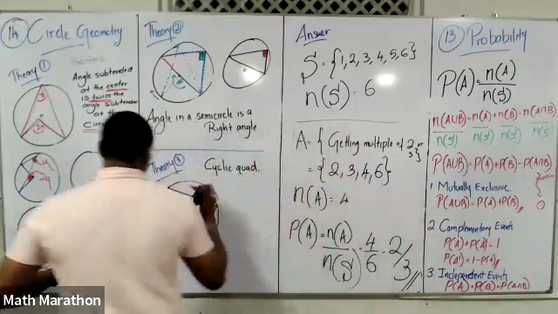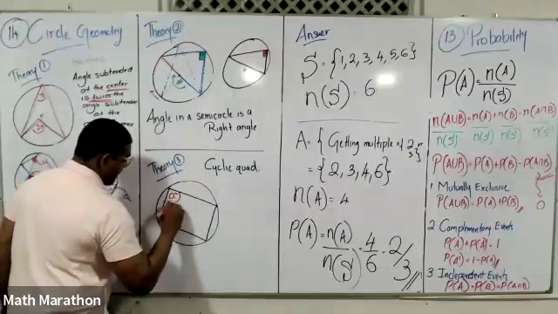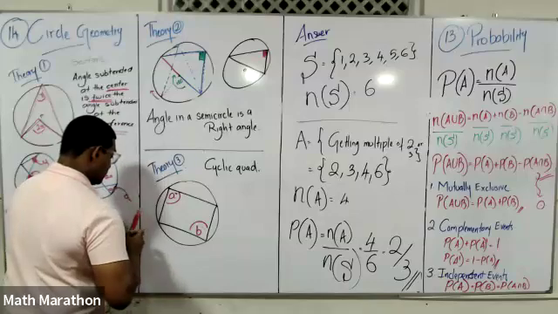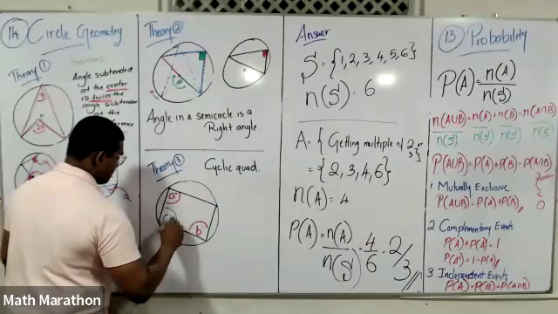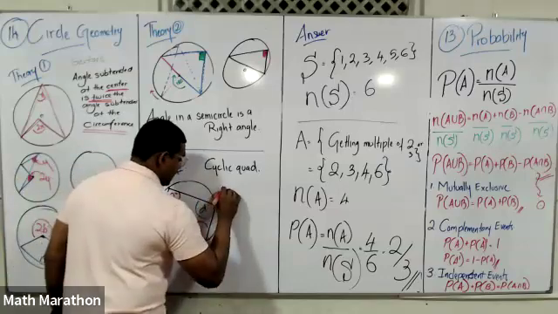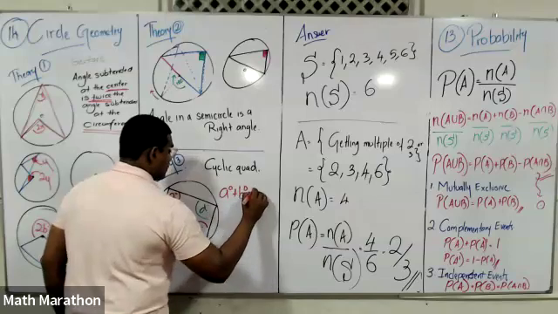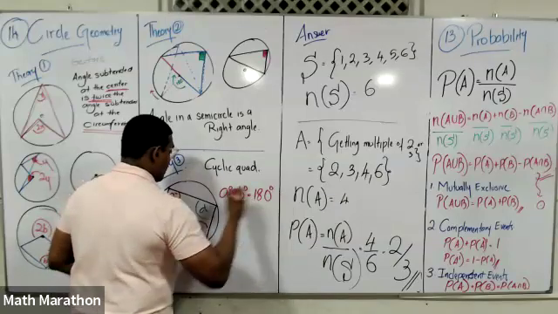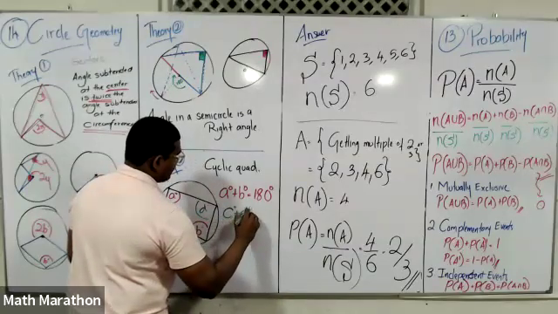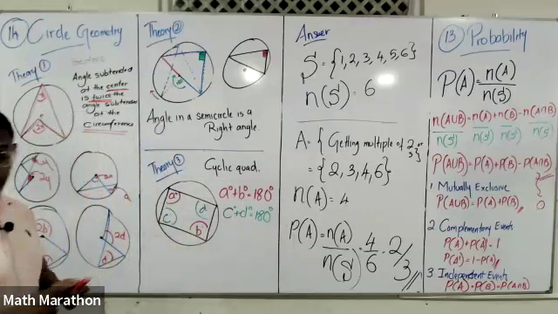Okay. So here, if this is A and this is B, if this is C and this is D, what can we say is, the opposite angles in a cyclic quadrilateral sum to 180 degrees.